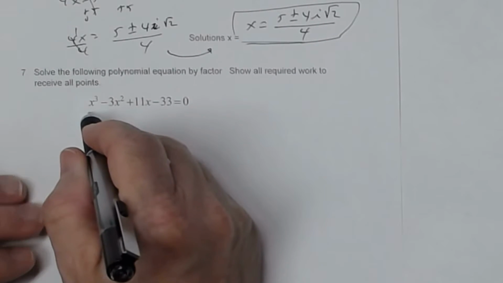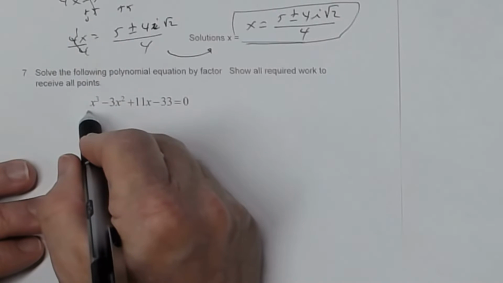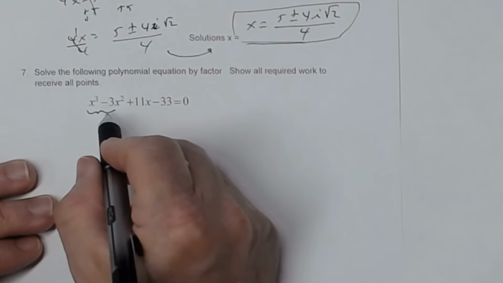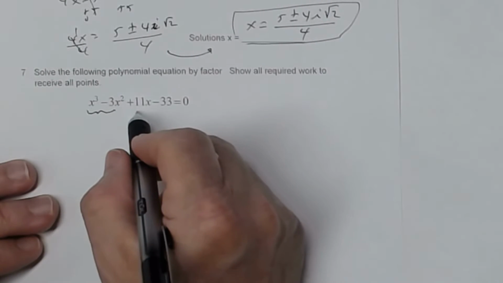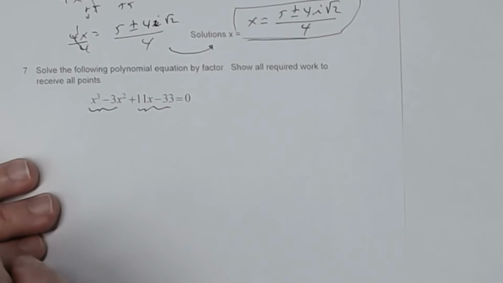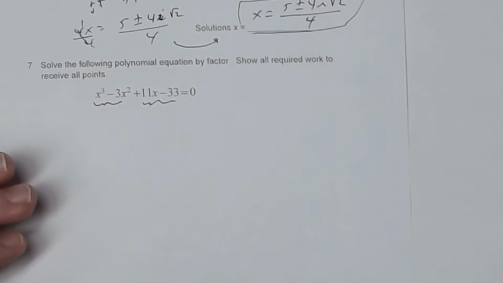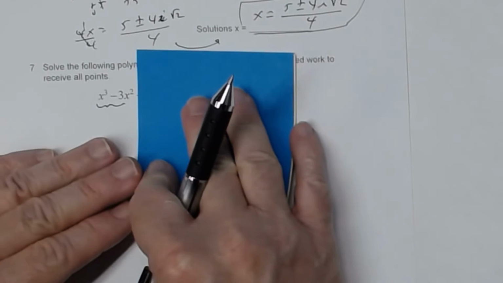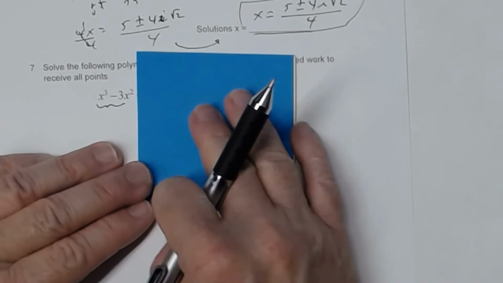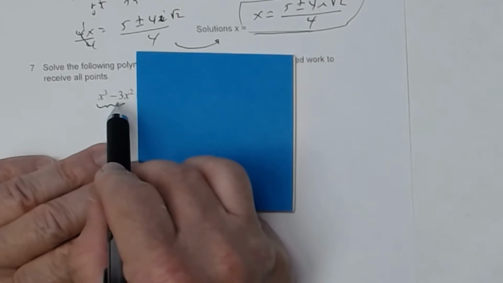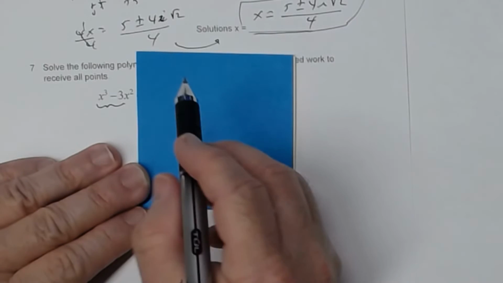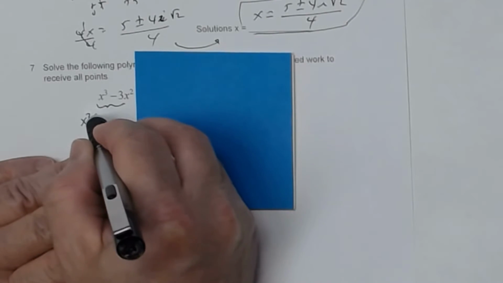And what sometimes works is to try grouping the first 2 terms and then group the last 2 terms. If you look at just the first 2 terms, you'll notice that the greatest common factor of the first 2 terms is x squared. So that means I could factor out an x squared.